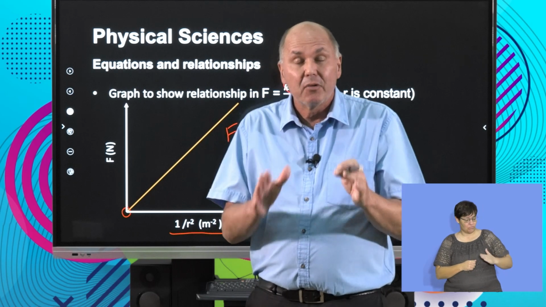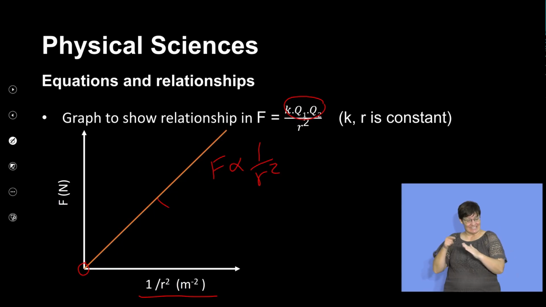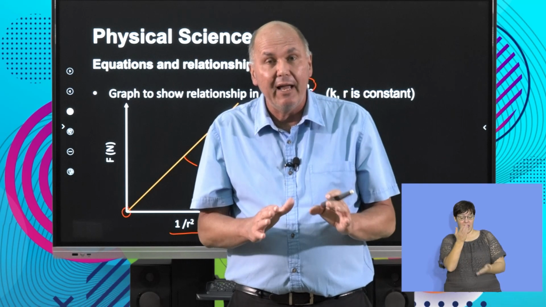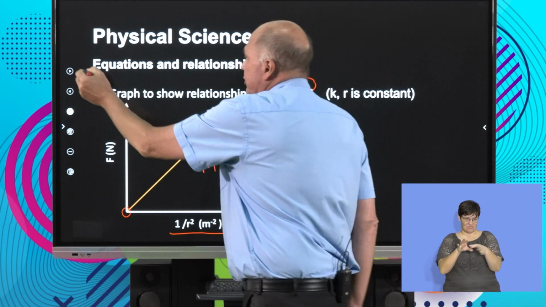So what's the gradient going to be? Oh, you've got it. This gradient here, m, is going to be equal to the constant, which is K Q1 Q2. Excellent. I hope that you've understood that principle. So whenever you look at an equation, you can separate it out and start to define the relationships in words.